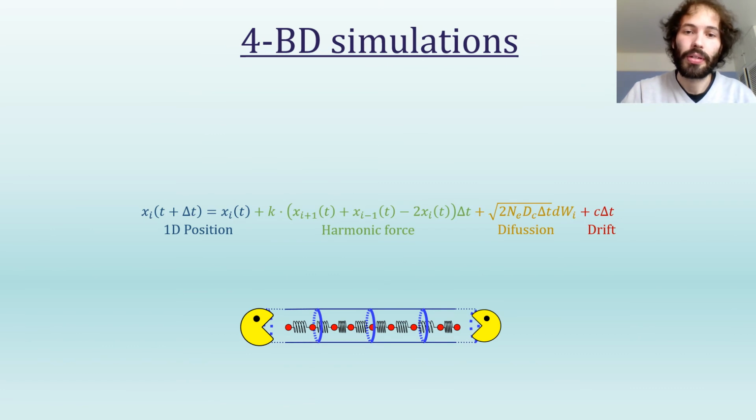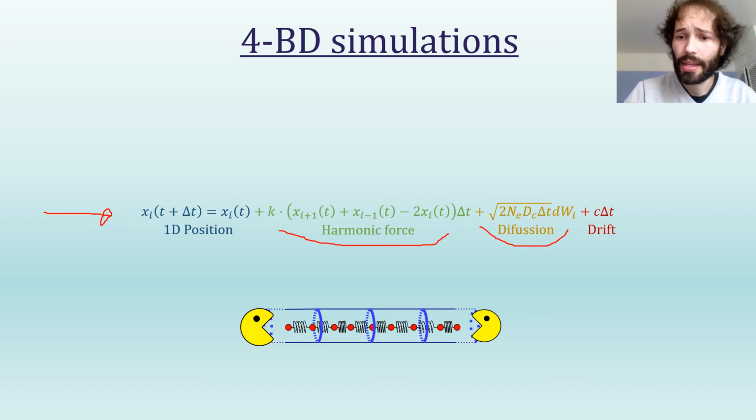In order to support our analytical results, we carried out Brownian dynamics simulations. The evolution equation is given by the discrete version of the Langevin equation, where we have this harmonic force between the beads, the diffusion term, but we also have this drift term due to our model.